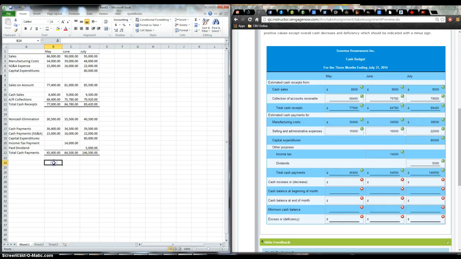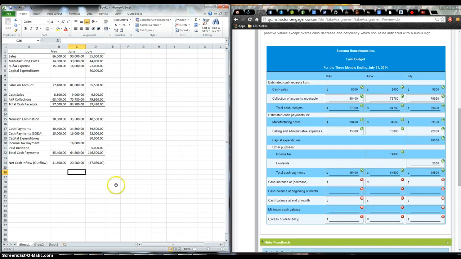Okay, so if we do equals total receipts minus total payments, will give us our net cash inflow or outflow, right? So our cash increase or decrease is 31,600 for May, 2,280 for June, and negative 5,780 for July.